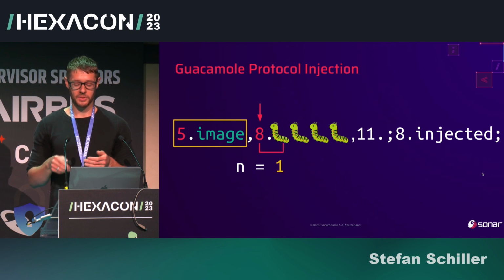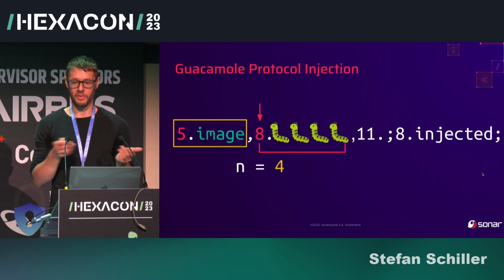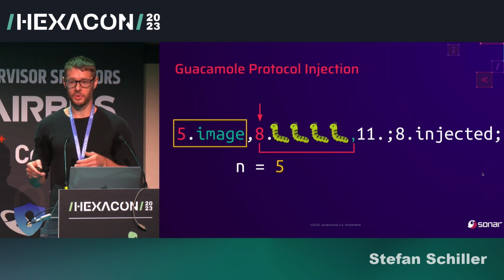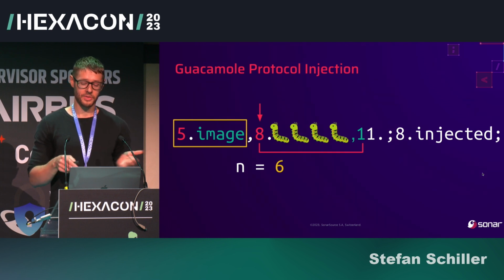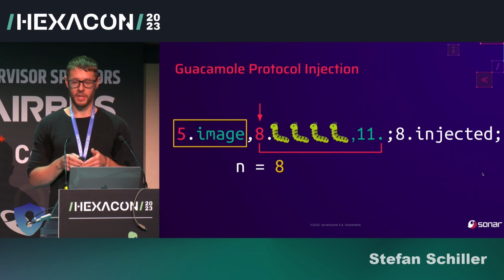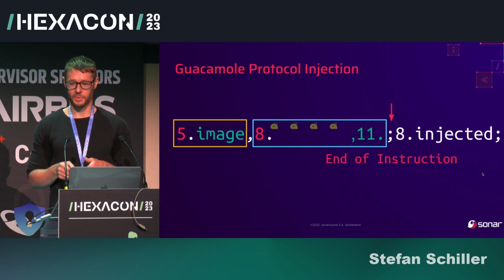So the parser starts to read the first bug, the second, the third, and the fourth. But at this point, only 4 of 8 Unicode characters were consumed. So the separating comma is also consumed, the first digit of the length field is consumed, also the second digit, and also the separating dot is consumed.